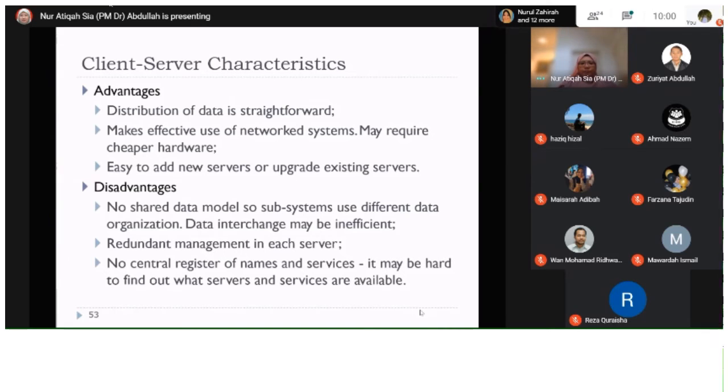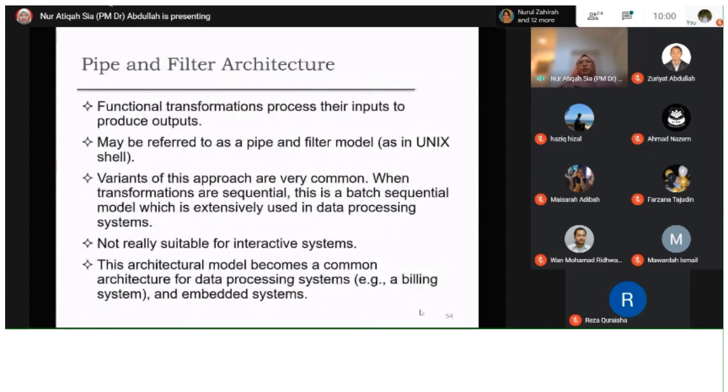Okay, so the last one for the architecture, we call it pipe and filter. Pipe and filter actually is a very simple process. From the very beginning of the input, you have some process in between and you come up with the output.